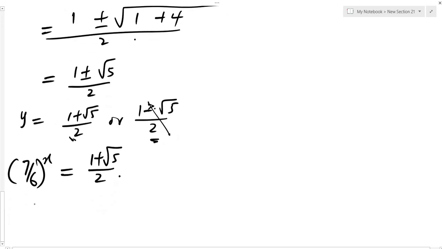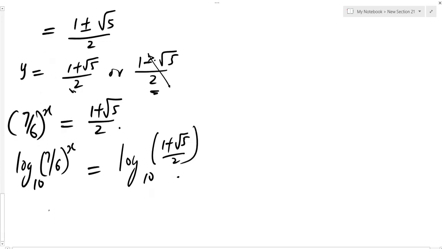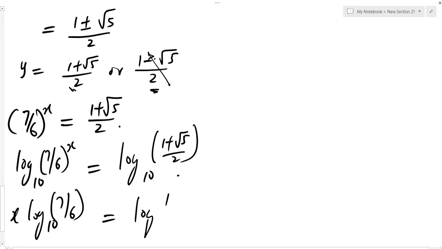Now taking the logarithm to base 10 on both sides of the equation, you have log of 7 over 6 to the power of x base 10 is equal to log of 1 plus square root of 5 all over 2 to base 10. Now this is x log of 7 over 6 base 10 is equal to log of 1 plus square root of 5 all over 2 base 10.